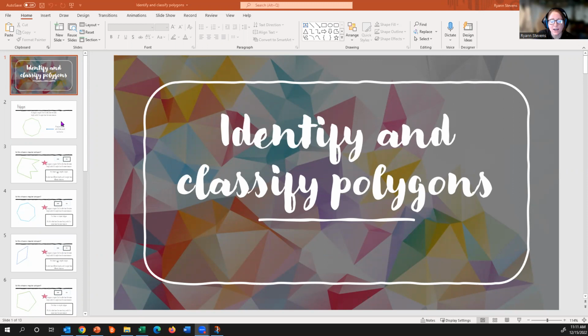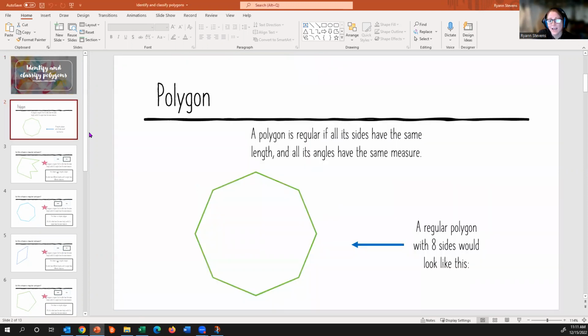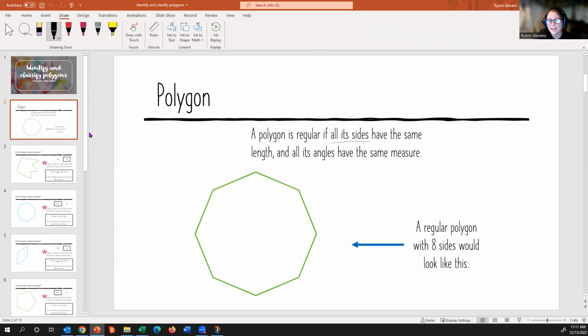Just to review what a regular polygon looks like, a regular polygon is considered regular if all of its sides have the same length and all of its angles have the same measure. A regular polygon with 8 sides is going to look like this. We can see our angles here.